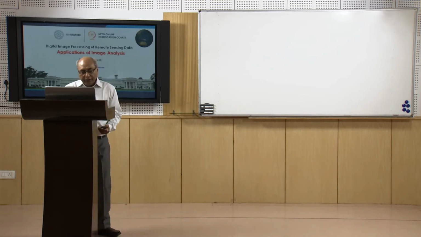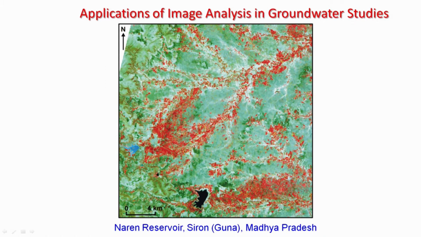Another important point which you will also notice while doing image interpretation is that if we compare these 2 reservoirs, one is appearing as blue in the false color composite and the second one is appearing dark. So this blue one probably has a shallow depth, or the water column thickness is quite less as compared to this one.